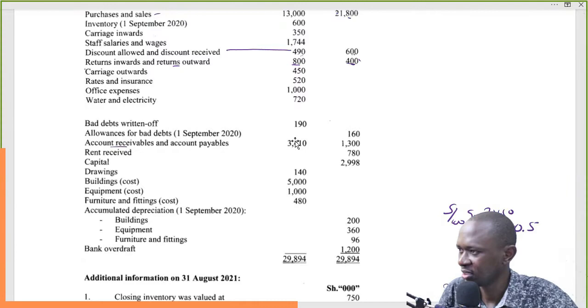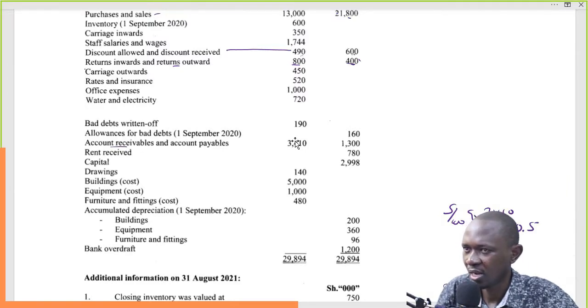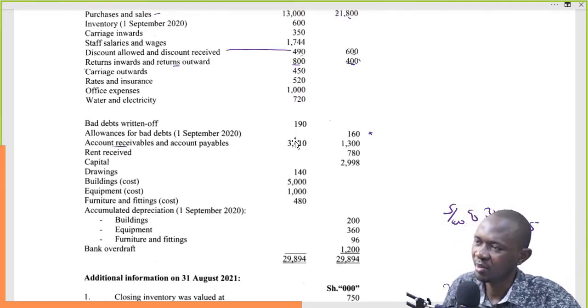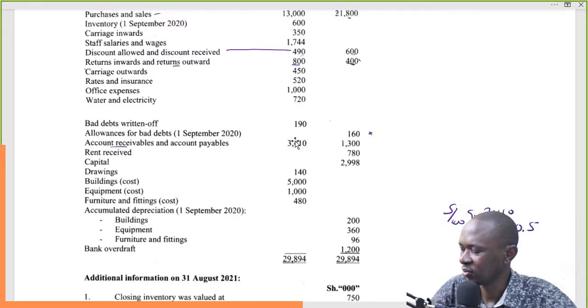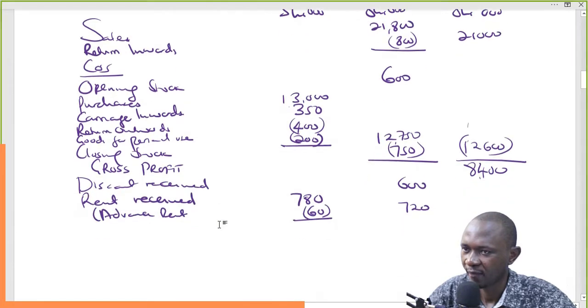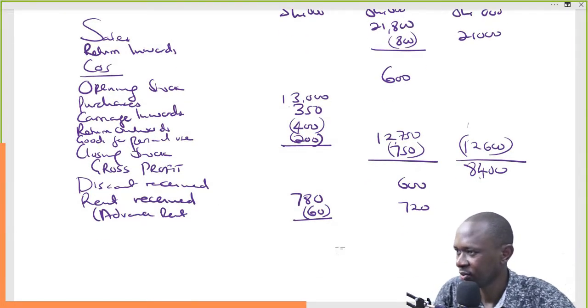Allowance for bad debts is 160. So 160 and 170, it means it's an increment. So an increment is debited. So this means this will not find its way here in the income section. So then that means that we are done with this part. So 1320. We are adding the two, 1320, to get 9720.